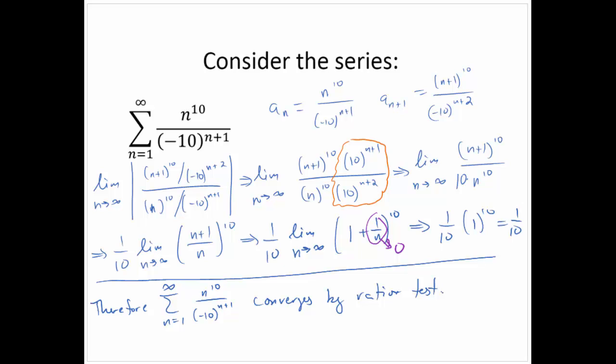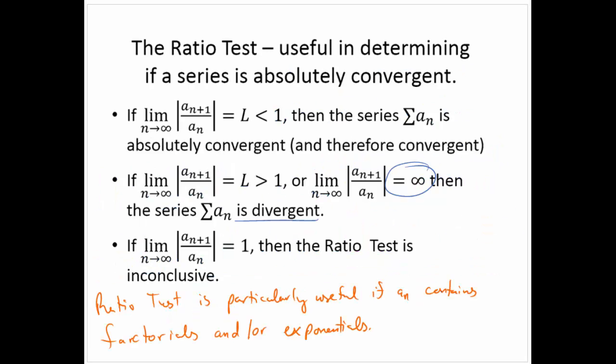Well, let's look back 2 slides. So what did we have? We had that limit ended up being 1/10, and 1/10 is less than 1. So if that limit of a sub n plus 1 over a sub n is less than 1, then the series is absolutely convergent and therefore convergent.